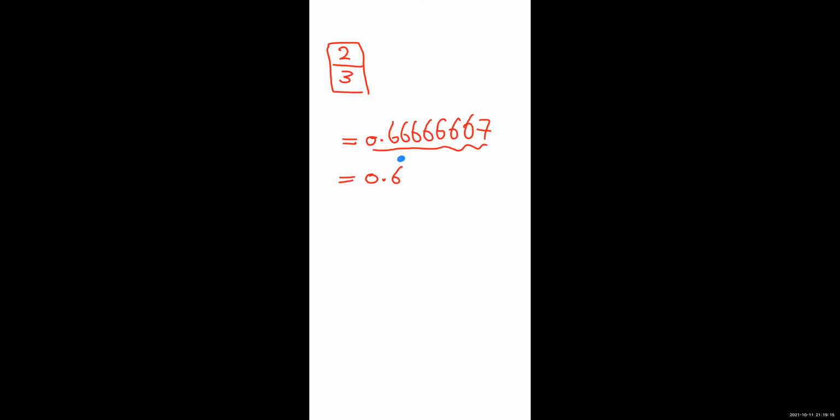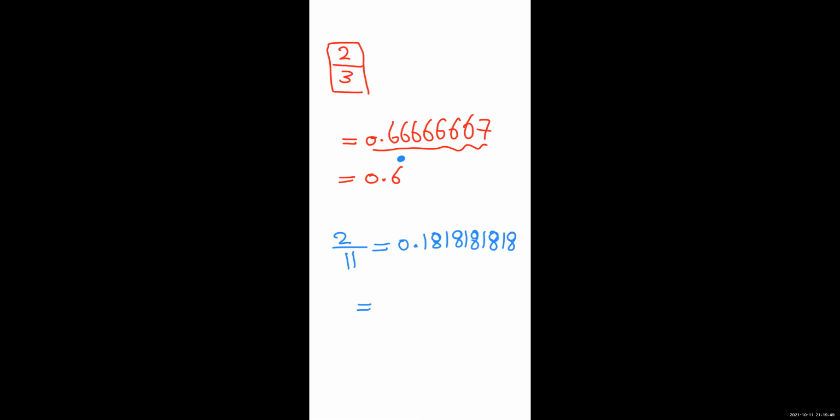Okay, one more number. If it's 2/11, by using the calculator, I will find that this one is 0.1818818, and so on, right? So now, guys, we will write 0.18.